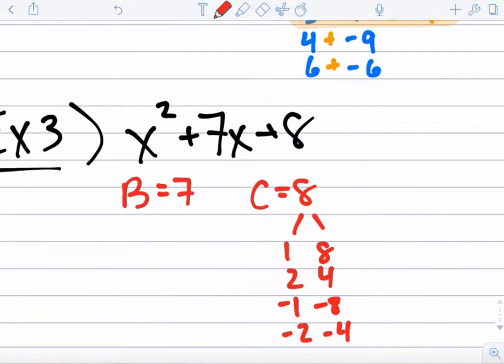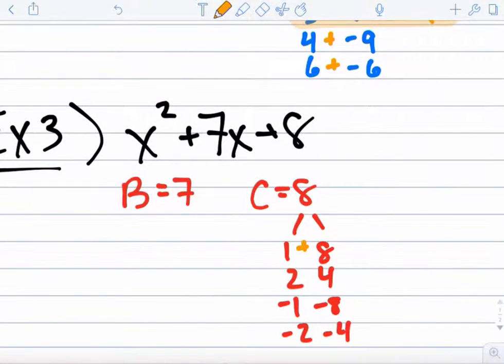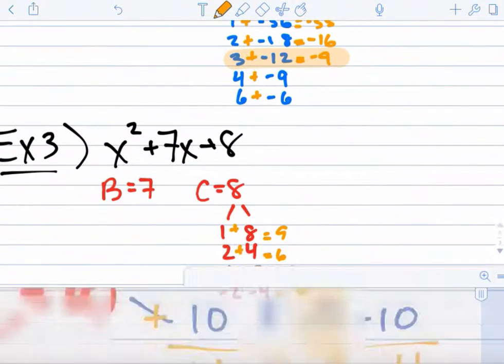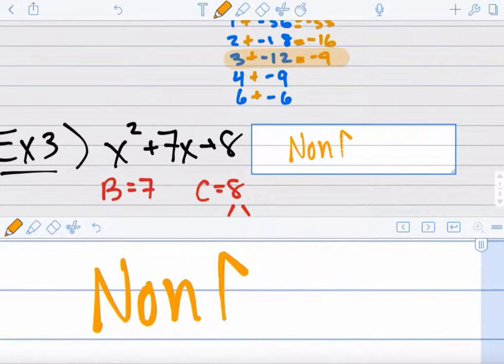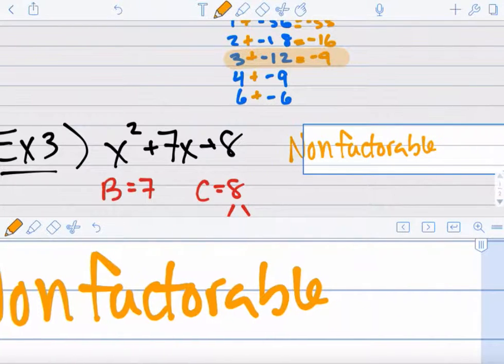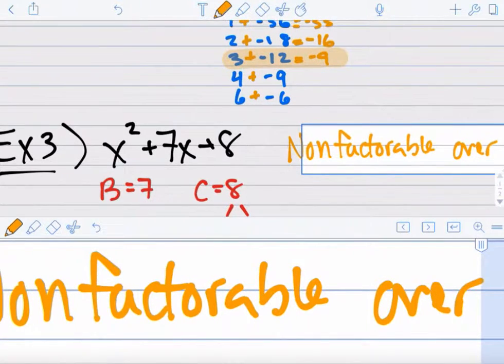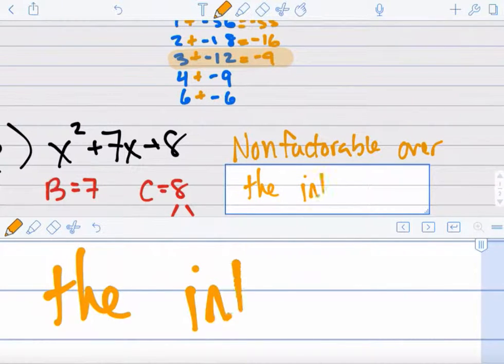None of those add to 7. We get 9, 6, negative 9, negative 6. So for this answer, we say it's non-factorable over the integers.